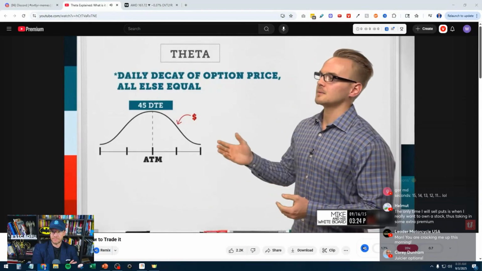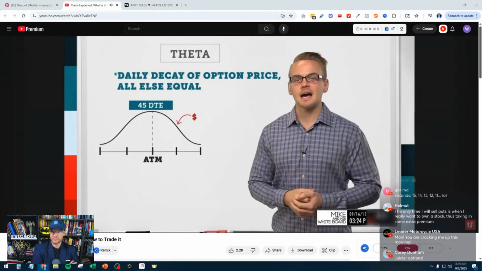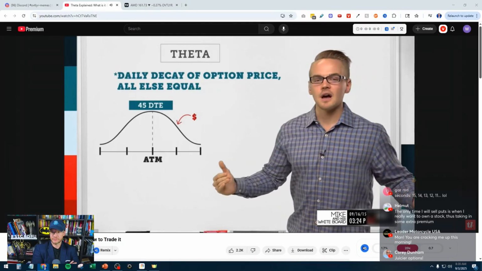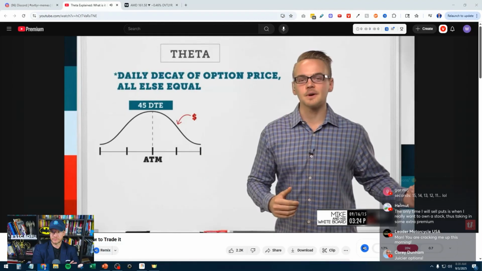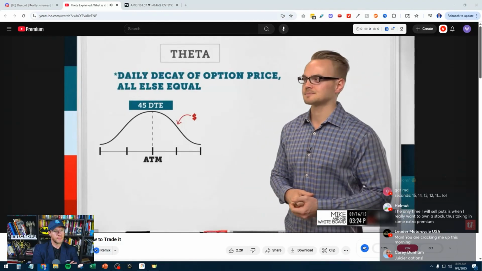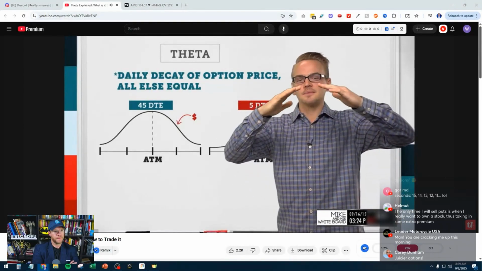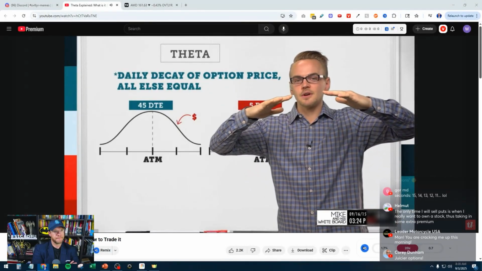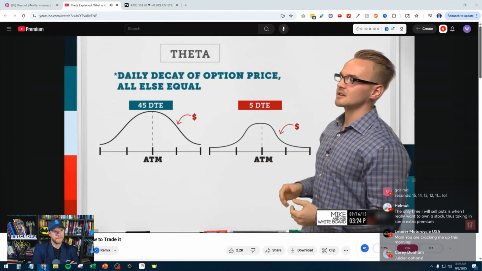So again, like we were showing before, the value for at the money options is going to be highest, and it's going to trail off in terms of extrinsic value as you go far out of the money and far in the money. Now when we compare that to a 5-day till expiration graph, you'll see, like when we were talking about with delta and gamma, the curve goes from very wide to very narrow as you get closer to expiration, and you can see that clearly here.